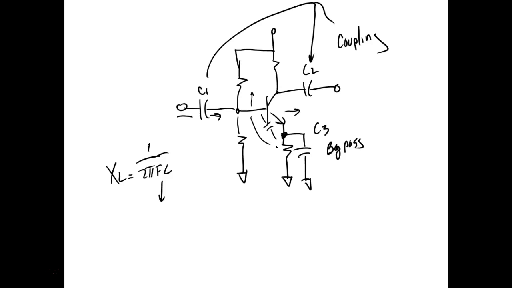So there's a specification in the data sheet called FT, and you'll use that in a formula to figure out F2, right? You understand? And what would you use to figure out F1? You use the size of these capacitors. Whichever one gives you the highest XL, that would be what you set F1 at.